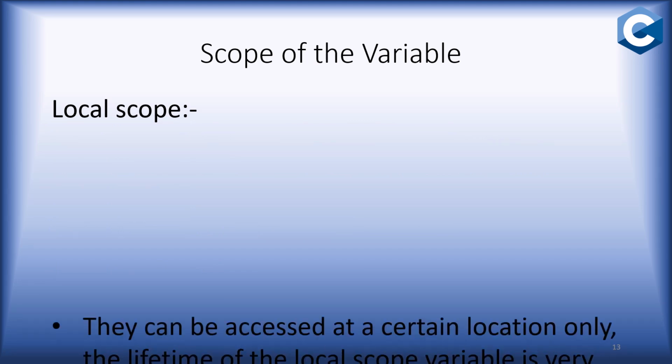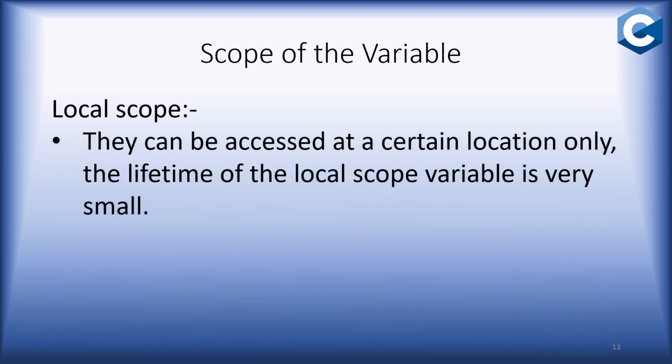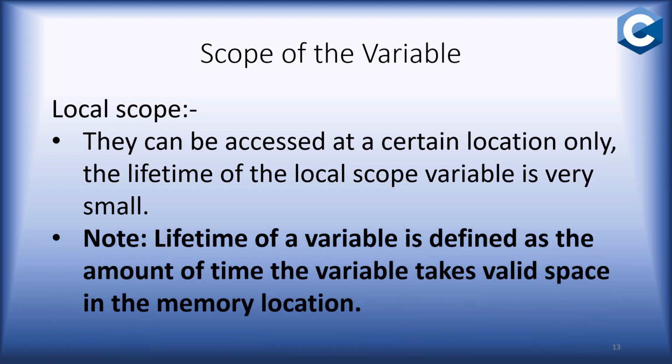The name local itself says that it covers a very limited amount of space. This means that a local scope variable can only be accessed in some part of the code. The lifetime of a local scope variable is very short. The lifetime of a variable is the amount of valid memory space allocated to that particular variable.